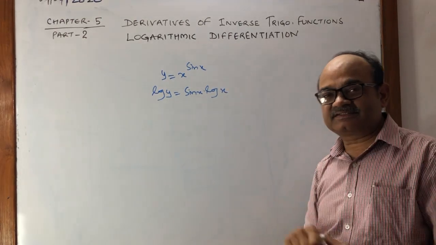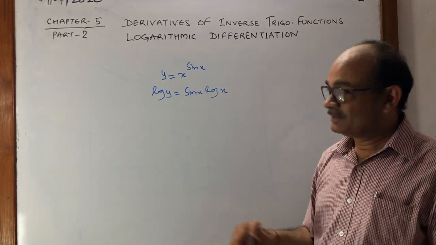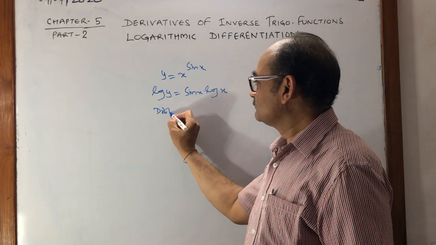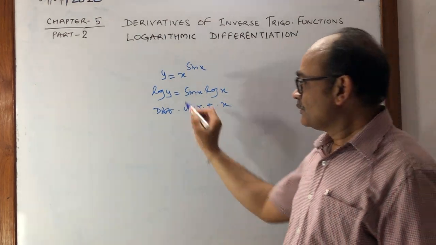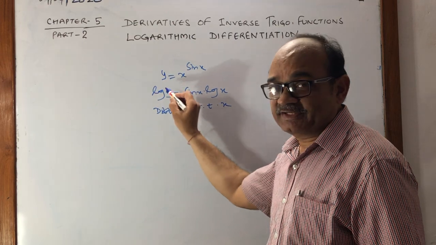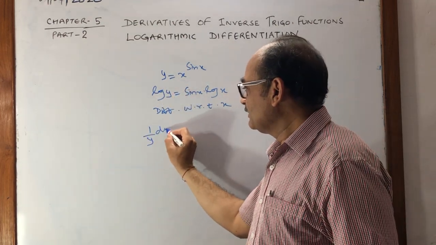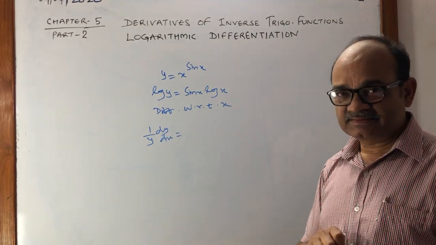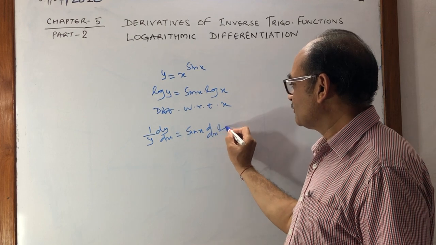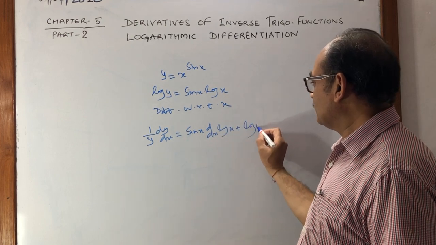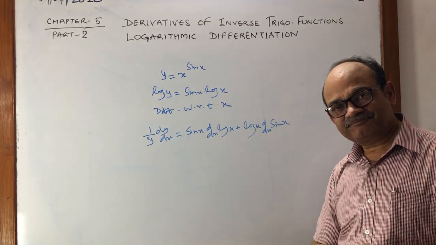Now it is nothing but a class 11th question, u and v, product rule. So now differentiating with respect to x. Log y is a function of y. Last topic, implicit. The derivative of log y is 1 upon y dy by dx. Now product: sin x silent, d by dx of log x, log x silent, d by dx of sin x.